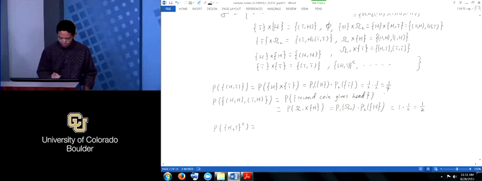So let me write down the sets first. Probabilities, it's a vector. H, TT, TH. Let's try to translate this into English first.